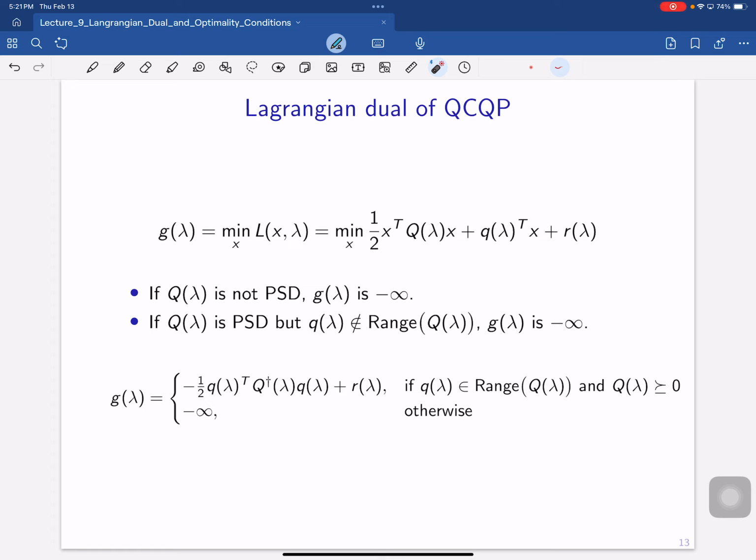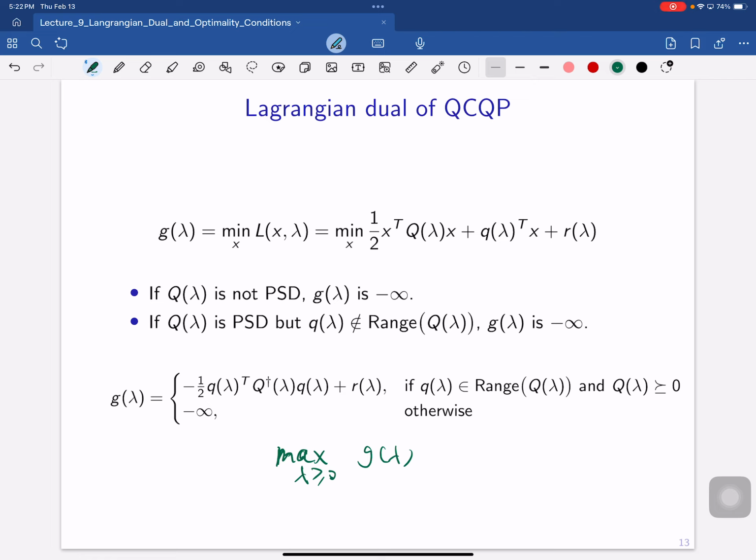So the dual problem is a maximization problem over lambda greater than or equal to 0 of G lambda, right? Okay. So how do we solve this problem? How do you solve the dual problem for the QCQP?